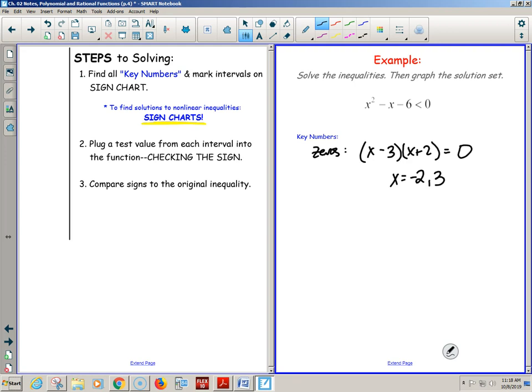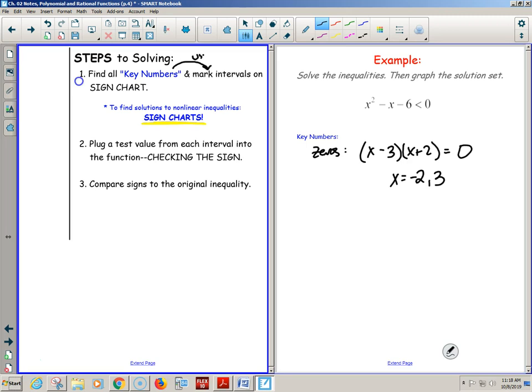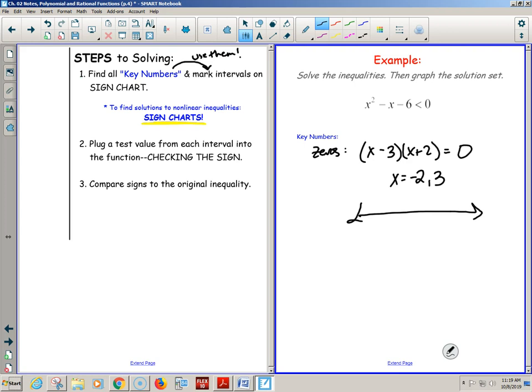Those are my zeros. But after I find the key numbers, I need to use them to mark intervals on a sign chart. Well, on a sign chart, if you want to think, you can think number line.